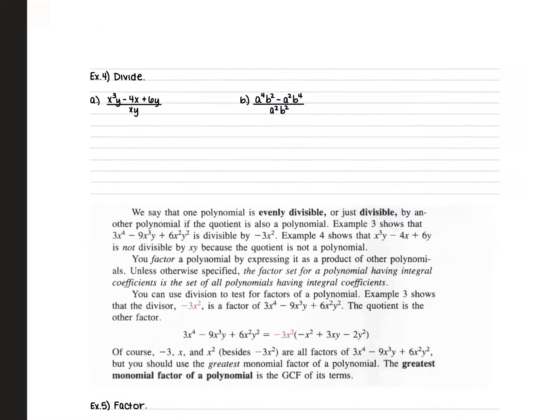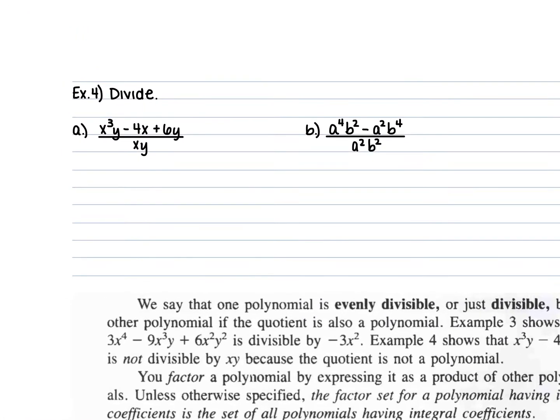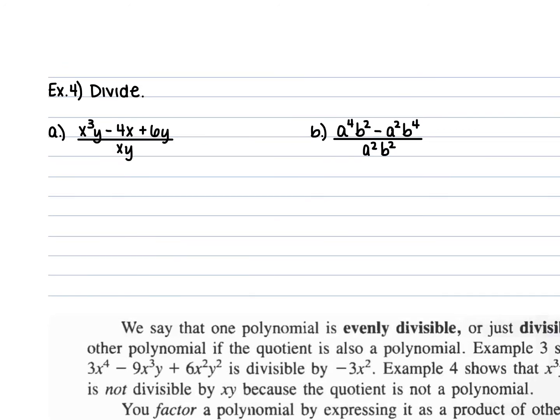If we look at our next set of examples, for example 4, we have x cubed y minus 4x plus 6y all over xy. Again, if each term does not have that specific value on the top and the bottom of that fraction, you cannot cancel it out.